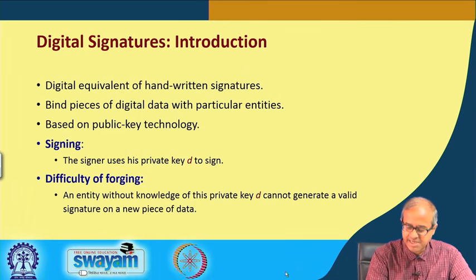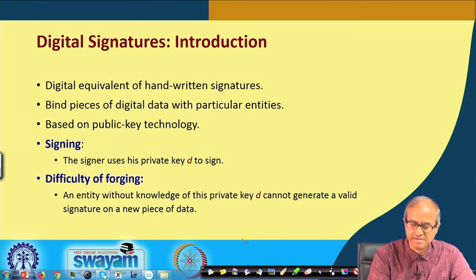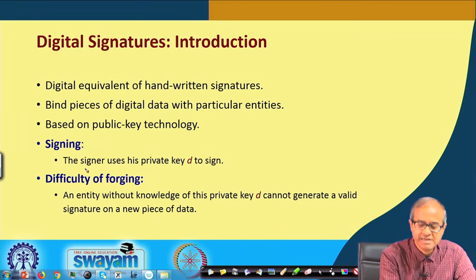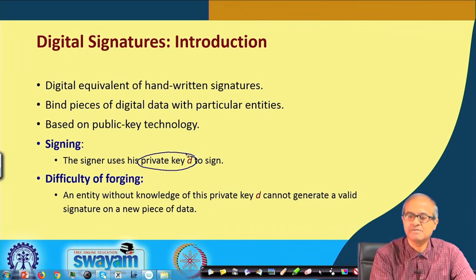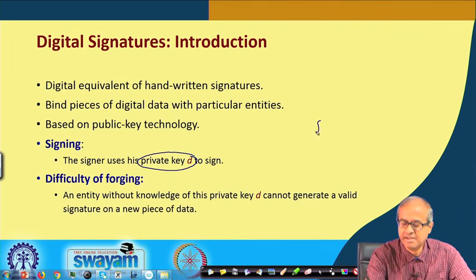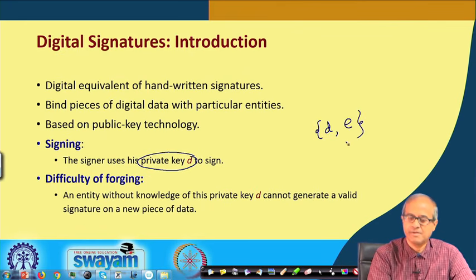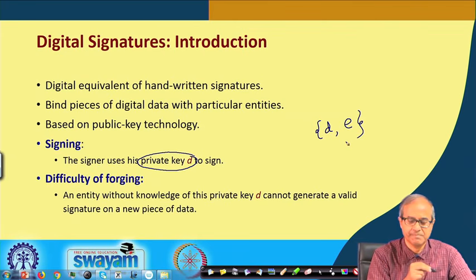So, for generating the signature, the person who is signing, suppose I am signing, I must be using my private key. You recall every individual will be having a private key and a public key. So, for signature the person will be using the private key, which is not available with anyone else.